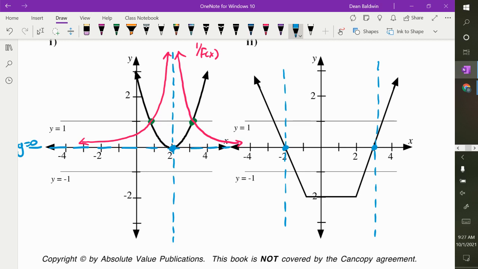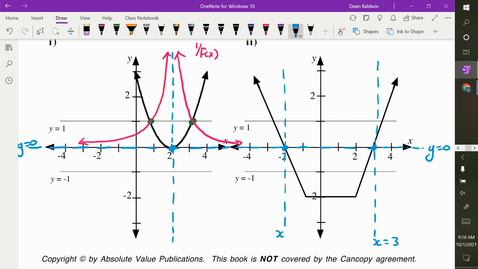What is always your horizontal asymptote? 0. For now. And I'll just mark the vertical asymptotes at the numbers x equals 3, x equals -2.